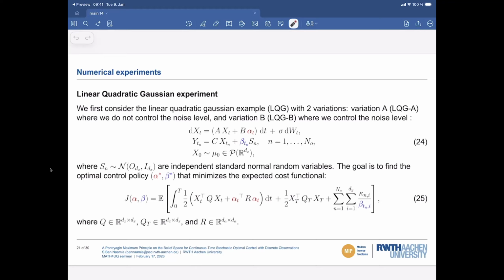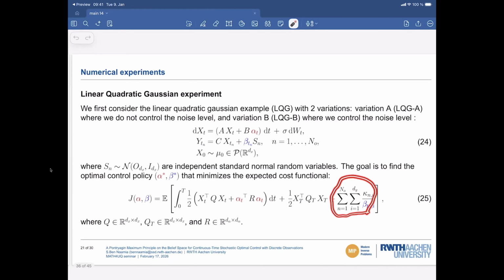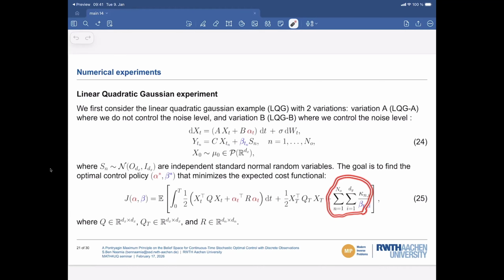The first thing is, we do not control the noise level. The noise level is given to you. You just have discrete input that you cannot control, but you can control the process and you cannot observe it. So in this case, we would be removing the discrete cost that we have introduced before for beta.